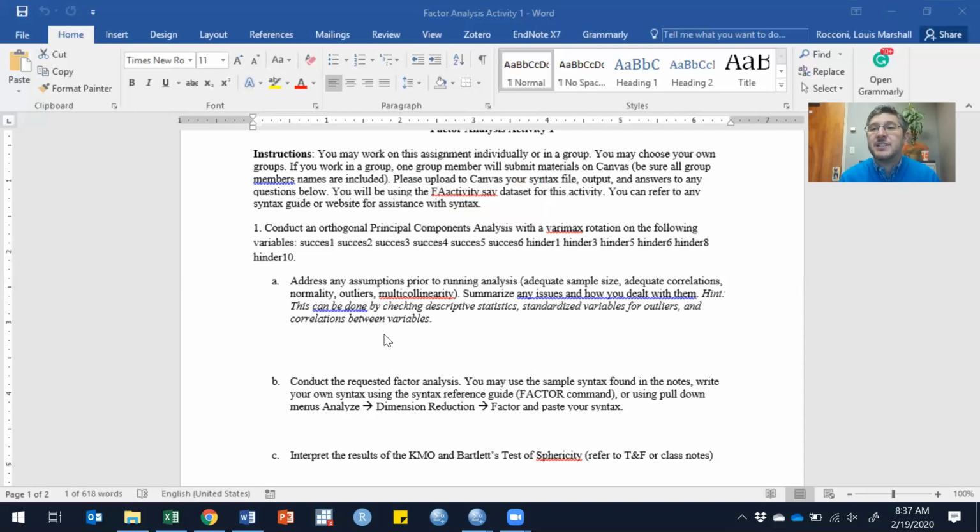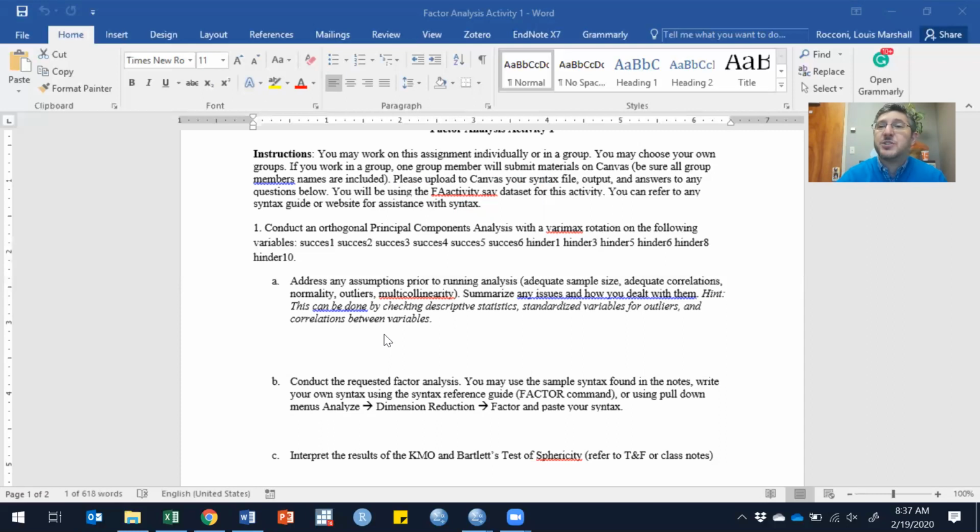But in a factor analysis, you have the option to do them orthogonal, where the underlying constructs that you're drawing from the data are uncorrelated, or if they're oblique, that means that you're allowing a correlation between the latent constructs. So just a little bit about the terminology right there.